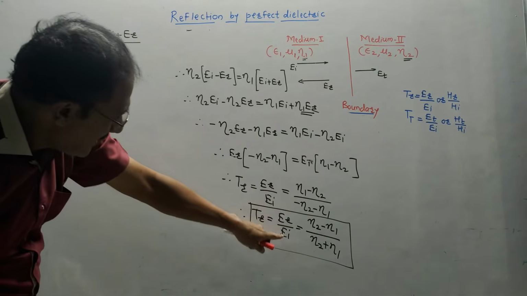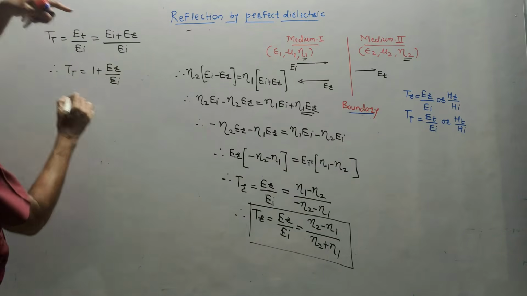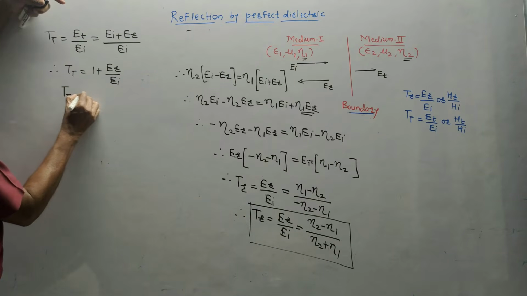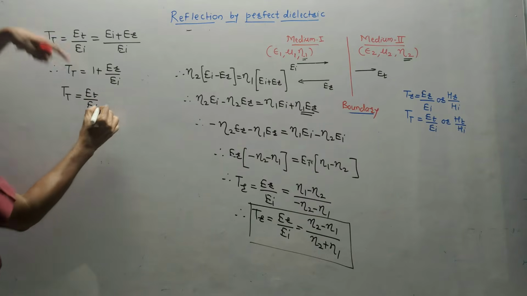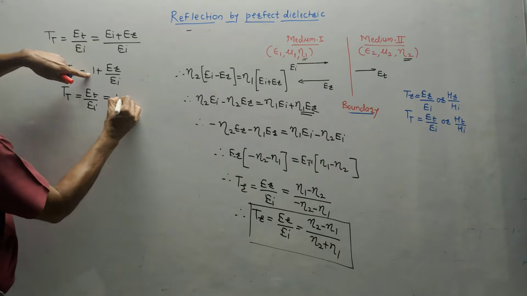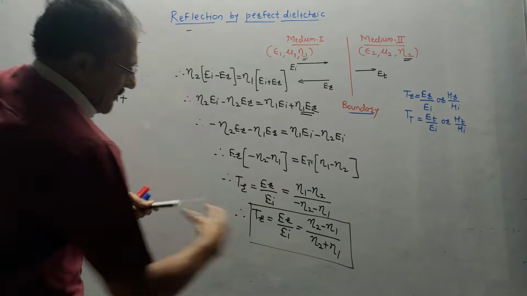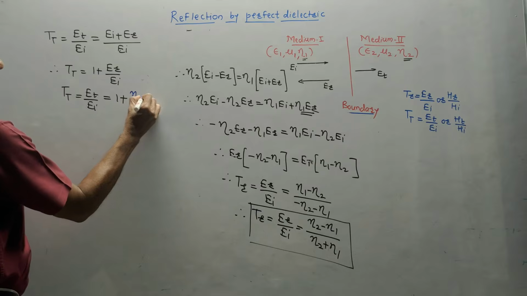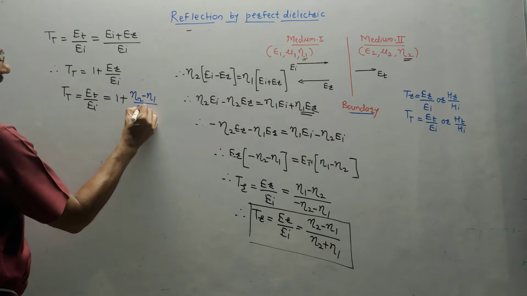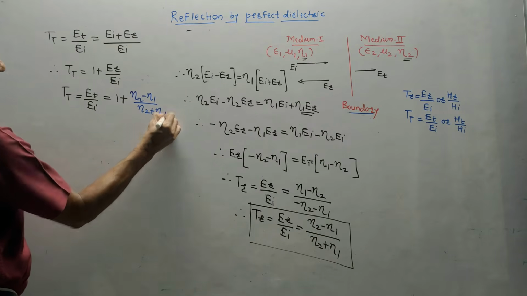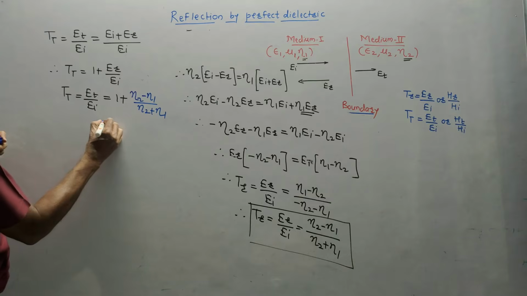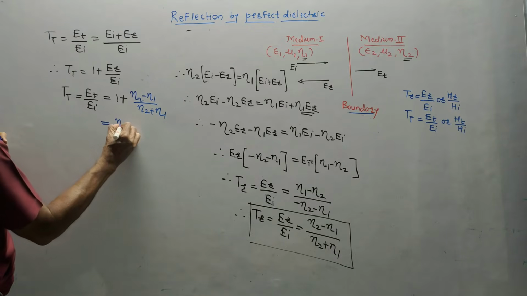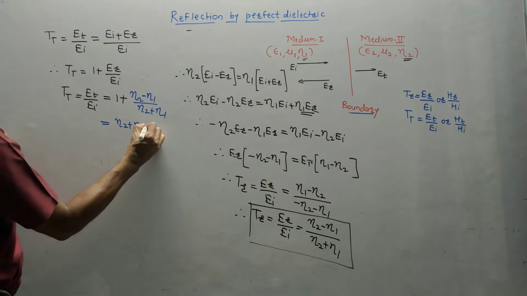We have the ratio of ER upon EI, put this value, so you are getting TT, which is ET upon EI. I am writing the basic formula, which is equals to 1 plus, I am putting this value, eta 2 minus eta 1 upon eta 2 plus eta 1. Just simplify this equation, take LCM, so you get eta 2 plus eta 1.